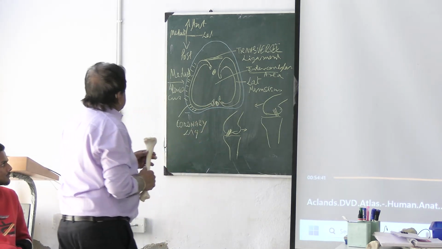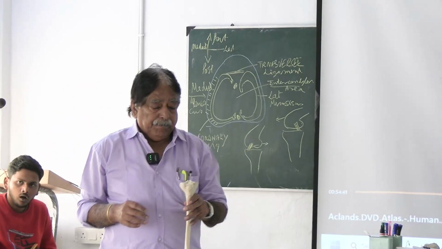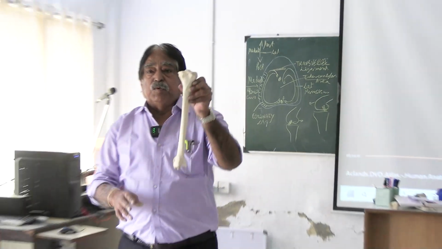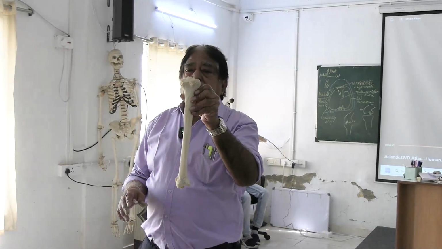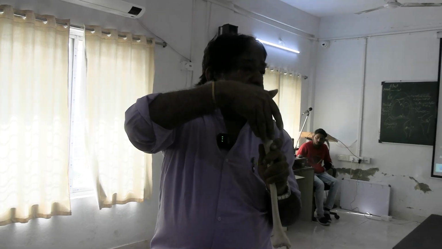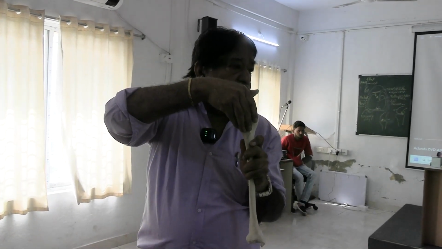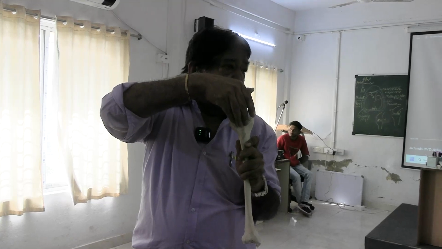Now the posterior aspect you see, and this part is the anterior tubercle, that is the ligamentum patellae, and also the bursa is there in front, and posteriorly the ligamentum patellae.